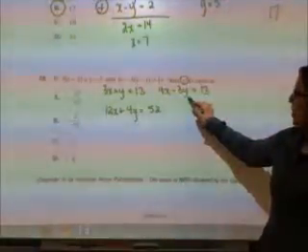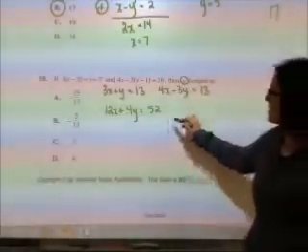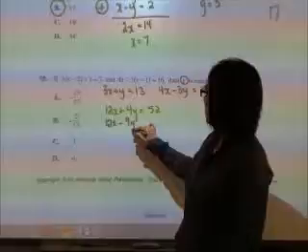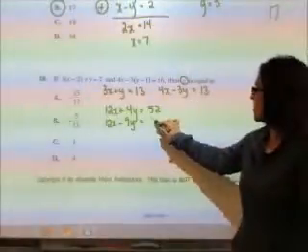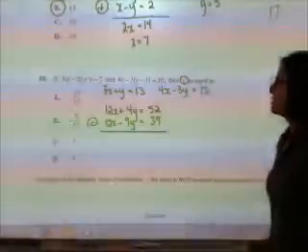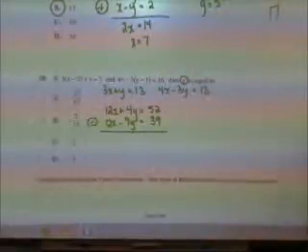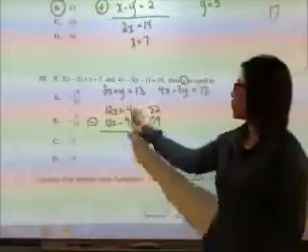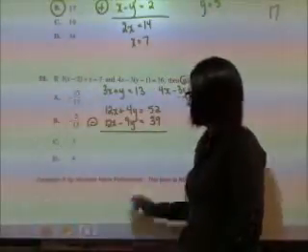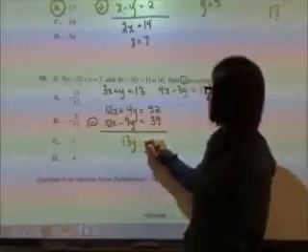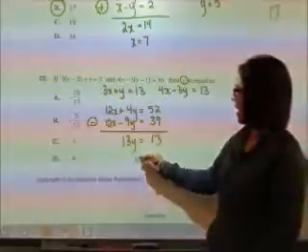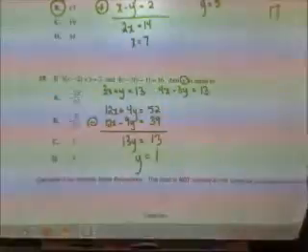And I'd multiply this equation by 3, and I would get 12x minus 9y equals 39. And then I would subtract. So 12x minus 12x is 0. 4 minus negative 9 is 13. 52 minus 39 is 13. And y equals 1.